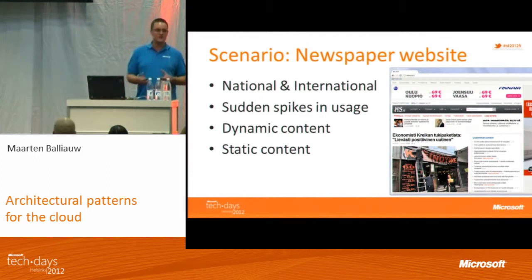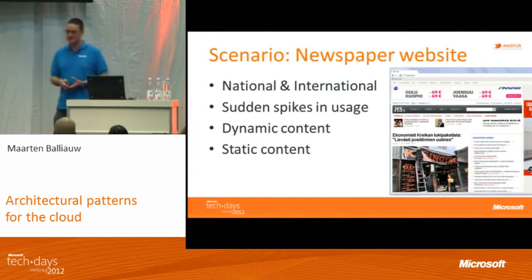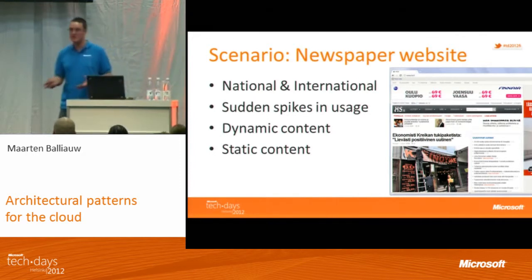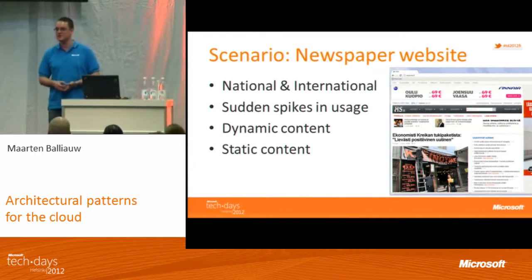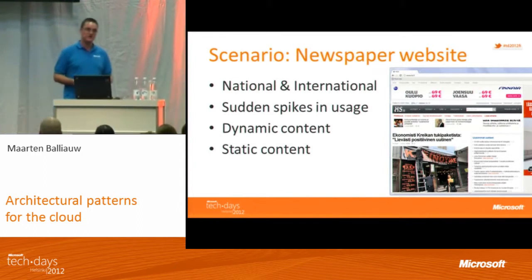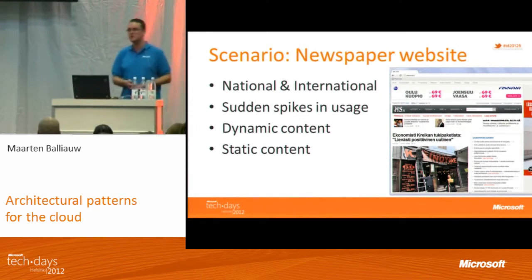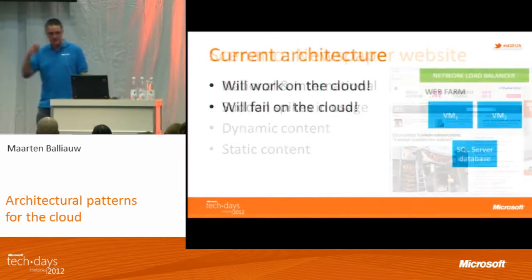And there's a combination of dynamic content and static content, which means all the text, all the banners, those are generated based on which user is browsing the website, what day it is, what data is available in the database. But there's also a lot of static content. Typically, any website you look at is about 80% static content, which is just images, CSS files, JavaScript files, and stuff like that. So just a typical website like you would build today.